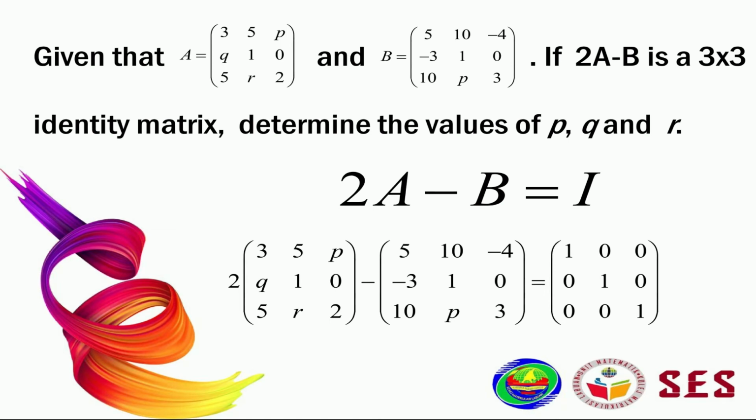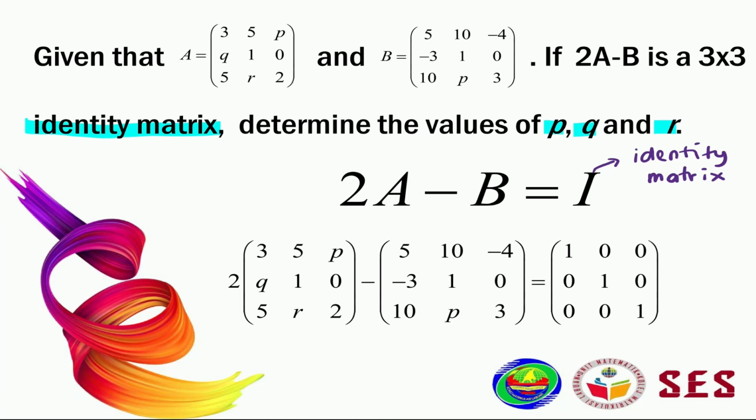Okay, so we go to example 1. So you can read the question. Okay, so we have 2A minus B is equal to I, where I is the identity matrix.